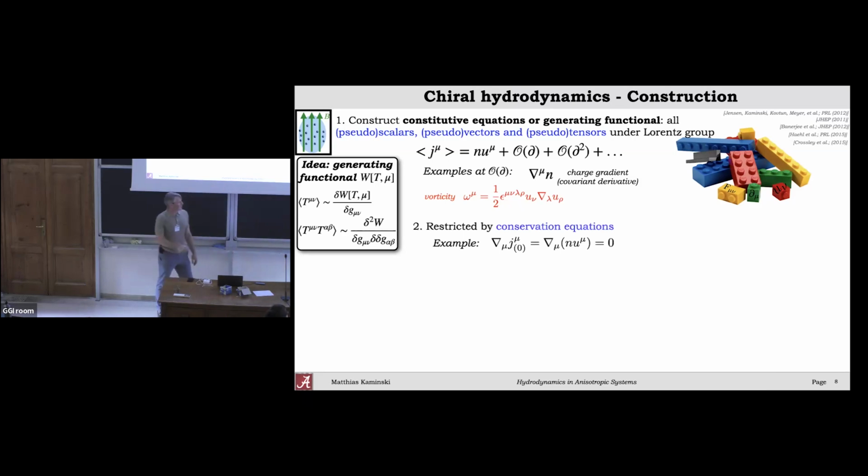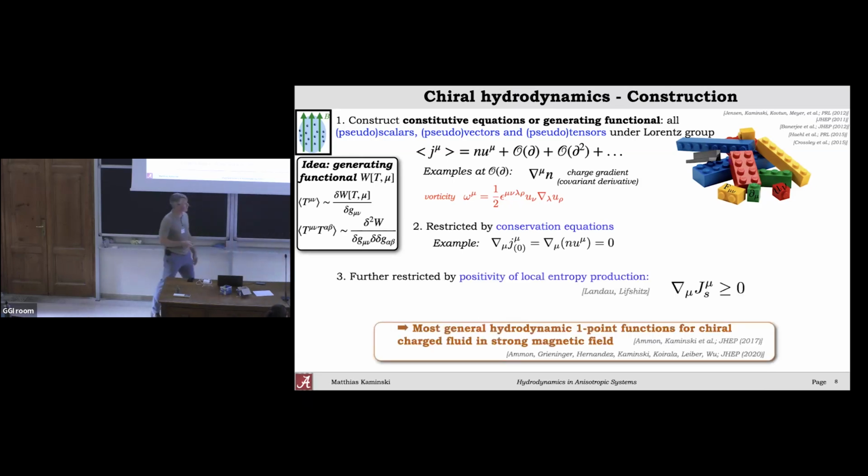Okay. Then we restrict this by conservation equations. Here's an example: the continuity equation relates the charge density derivative to the divergence of the fluid flow. Then we use the positivity of the local entropy production according to this formula, and that gives us, with these symmetries, the most general hydrodynamic 1-point functions for chiral charged fluids in a strong external magnetic field.